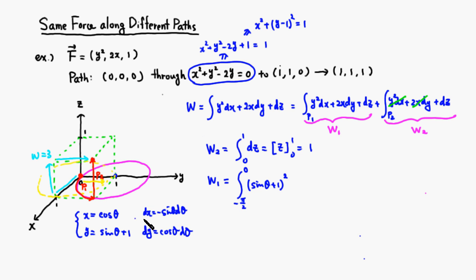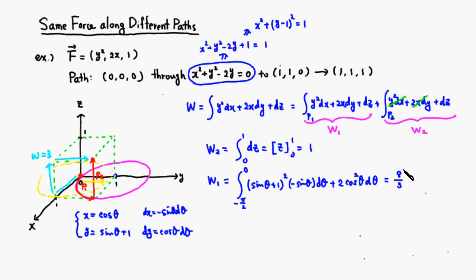Then dx came out to be negative sine theta d theta. 2x is 2 cosine theta, and dy is cosine theta d theta, so it's a cosine squared d theta. And for dz, there's no z change, so dz is 0. I'll let you compute it. It came out to be 8/3.